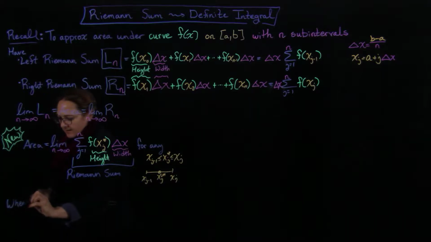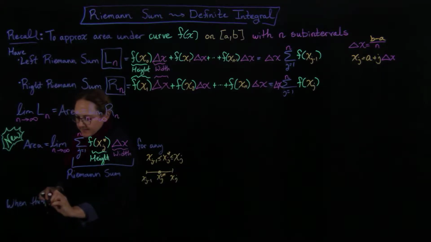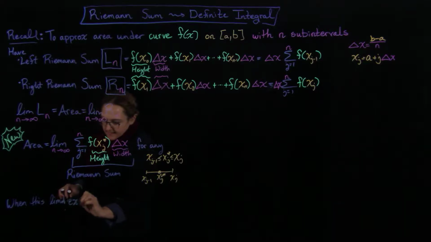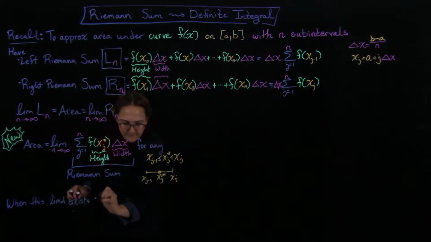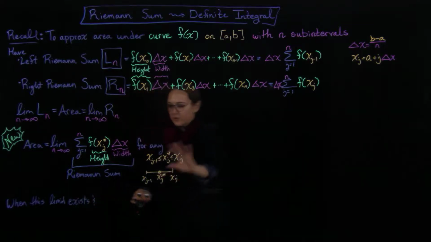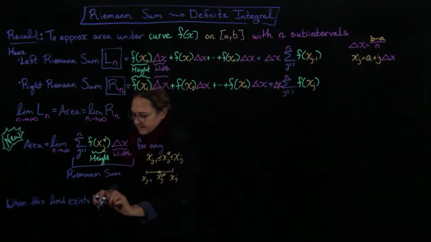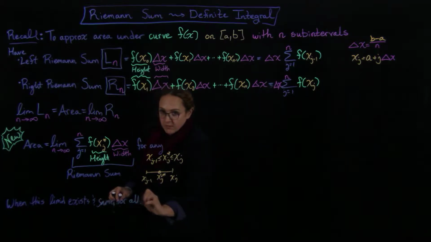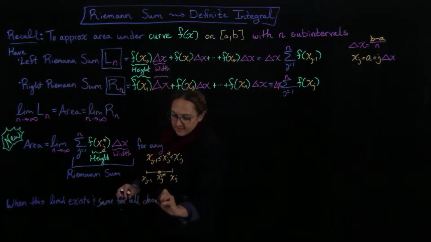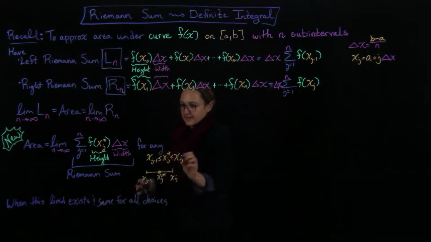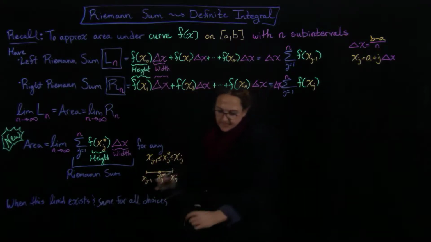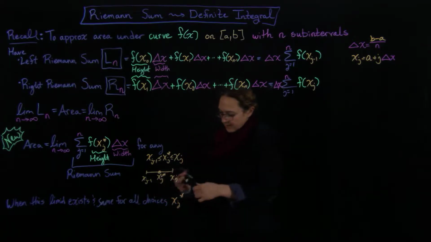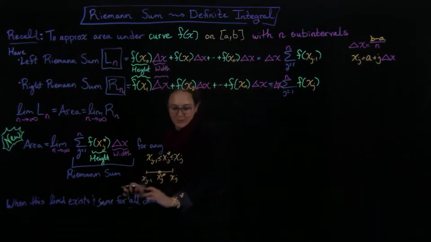So when this limit exists, and is the same for all choices of these xj star, then we're going to say that f is integrable on that interval.